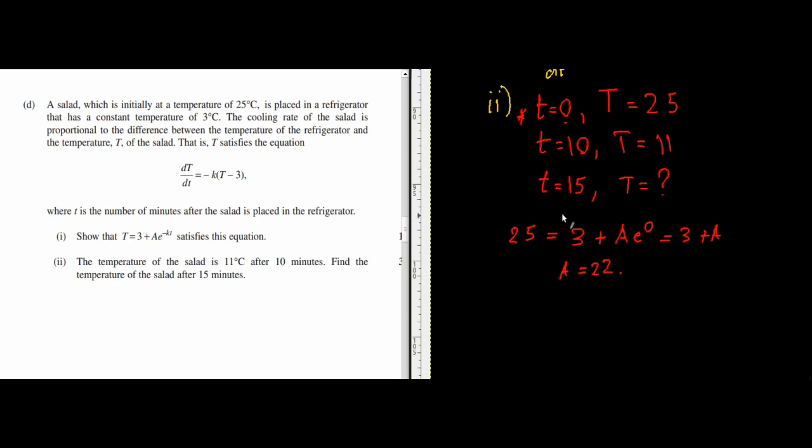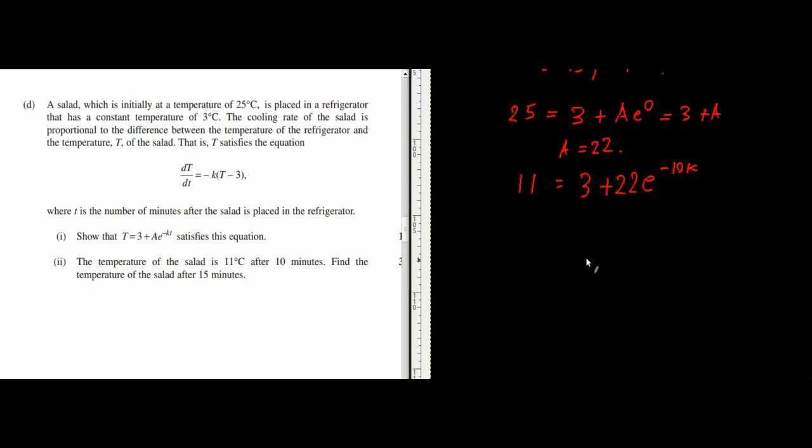The next one: when the temperature is 11, time is 10. So I have 11 equals 3 plus, now I can sub in 22, e to the minus 10k. I'm going to rearrange this to get what k is. So 8 on 22 is equal to e to the minus 10k, and minus 10k is equal to ln of 8 on 22.